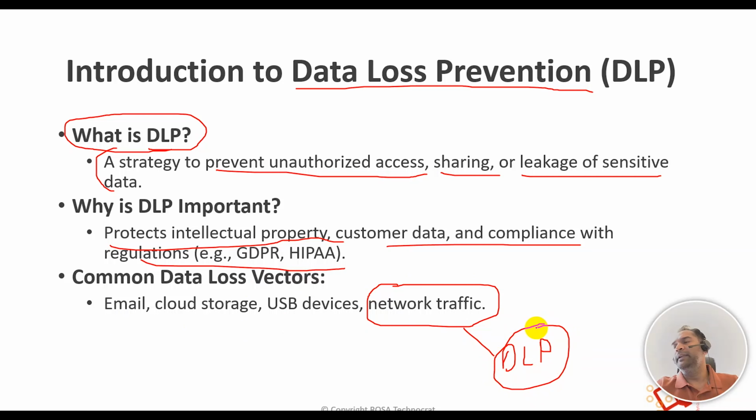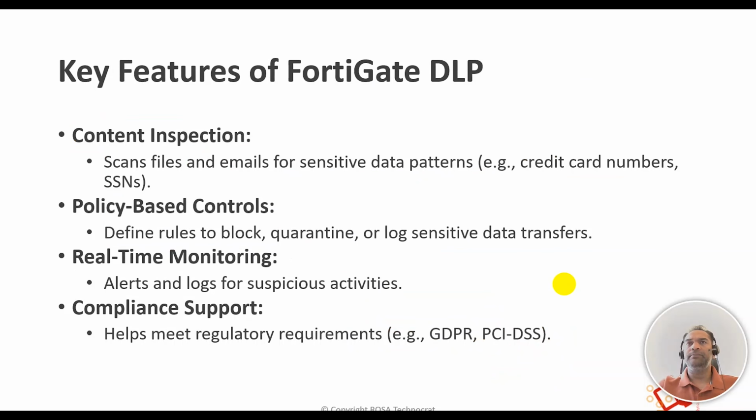Maybe if you are in India, you want to block all Aadhaar numbers, or you may want to block SSN in the US, or any PII, personally identifiable information, or credit card numbers, in attachments, files, or any kind of data. You can define a pattern for the kind of data that you want to log, block, or monitor. That's the purpose of data loss prevention.